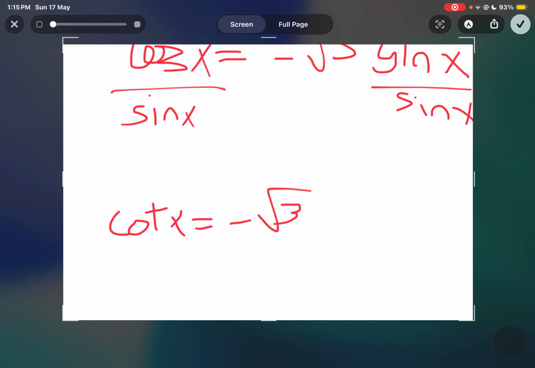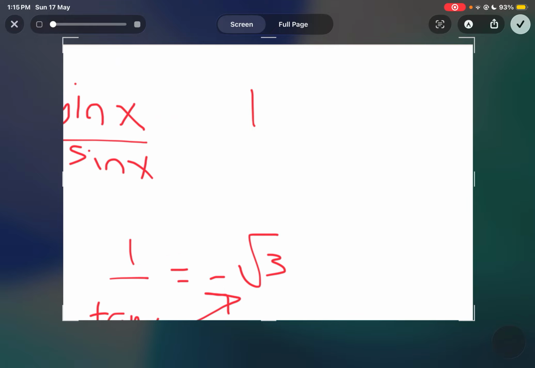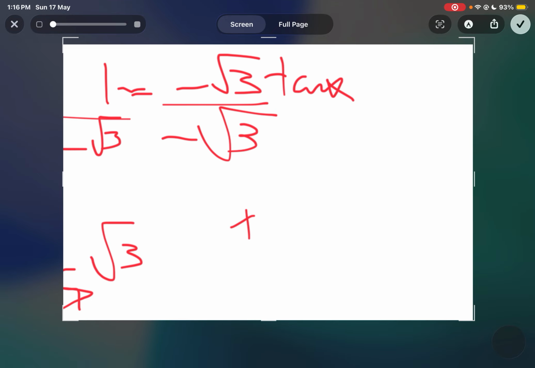And you know that cotan is 1 over tan of x, which is equal to negative radical 3. Times tan there, it will be 1 is equal to negative radical 3 tan x. So divide by negative radical 3. So tan of x will be equal to 1 over negative radical 3, okay?